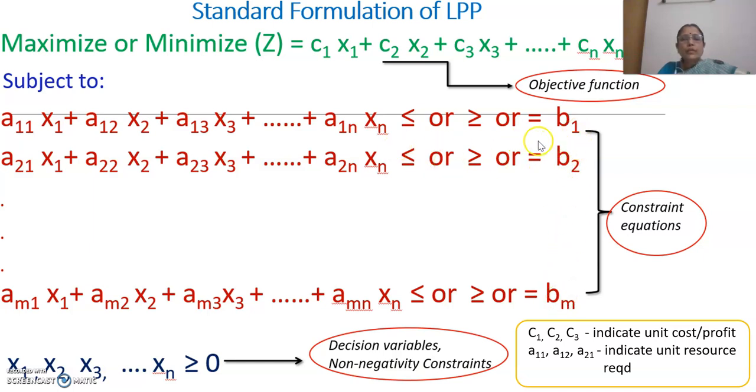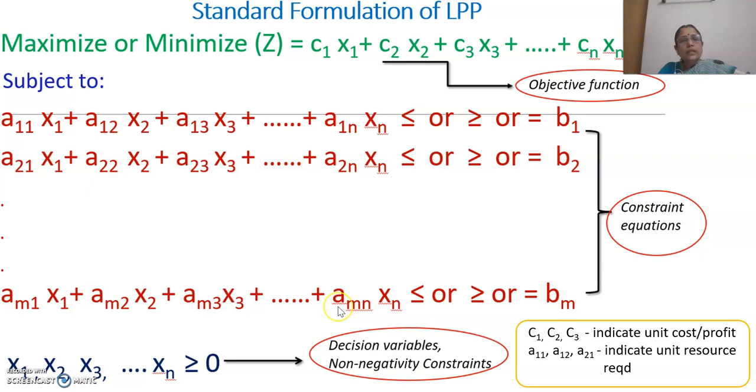Each of the constraints will have to satisfy the restriction in the problem, where b1, b2, b3 etc. indicate the available or required resources, and the decision variables are always non-negative. That is expressed by this particular constraint equation.